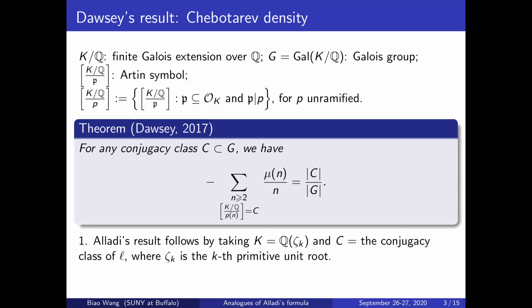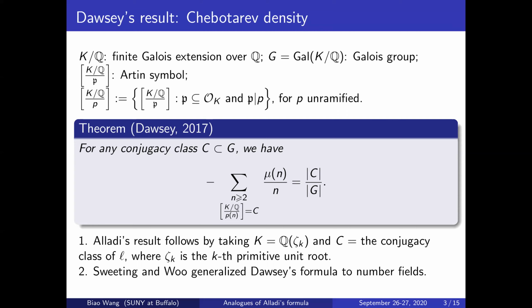Alladi's formula is a special case of Dawson's formula. If you take K to be the cyclotomic field and C to be the conjugacy class of l.